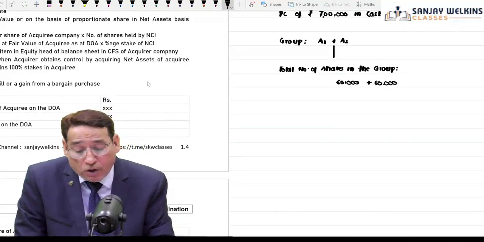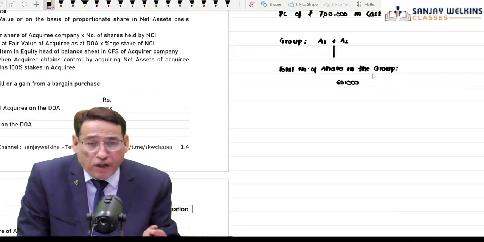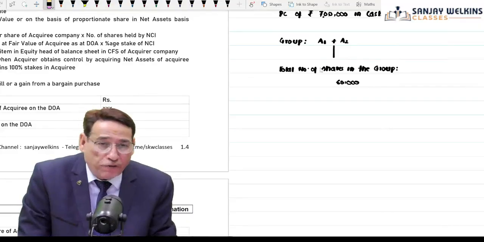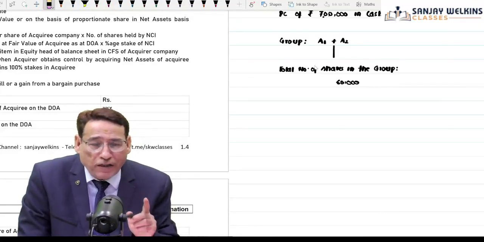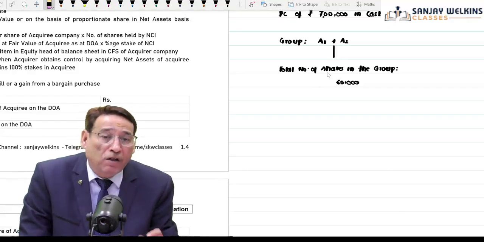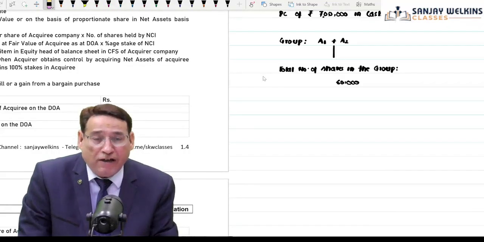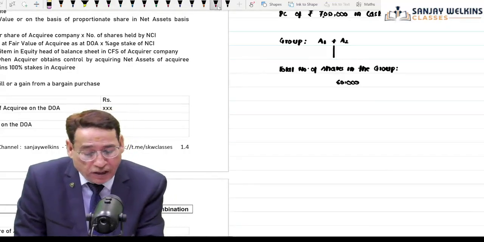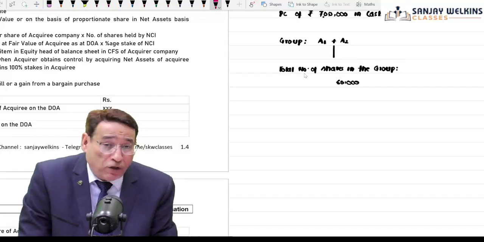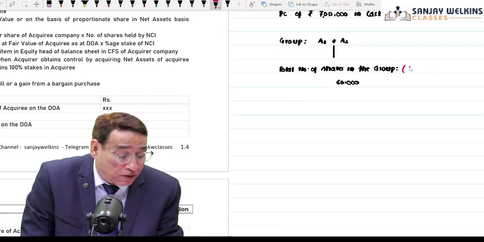No. Whenever we check the total number of shares of the group, I am telling you the first and last time, we will always take the total number of shares of the legal acquirer. That means whenever you compute the total number of shares in the group, you will consider only the legal acquirer's shares.